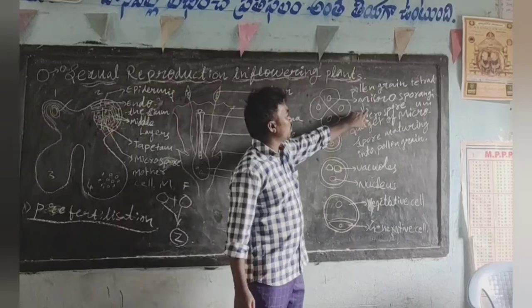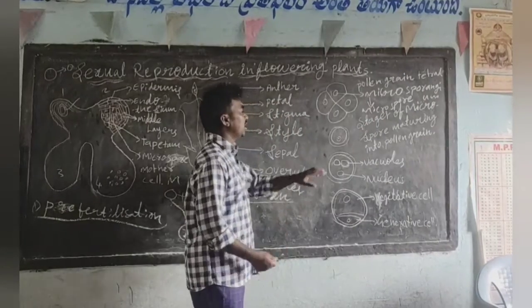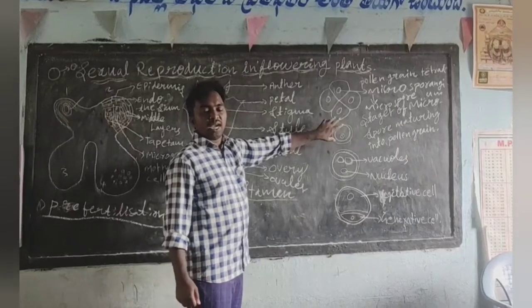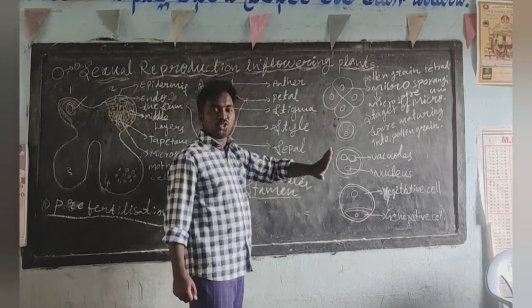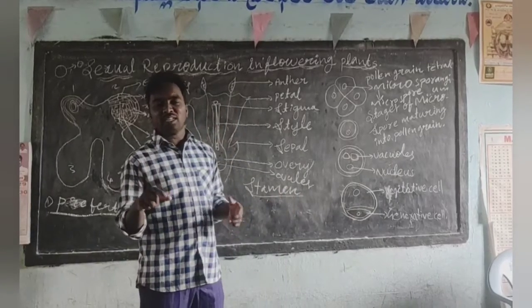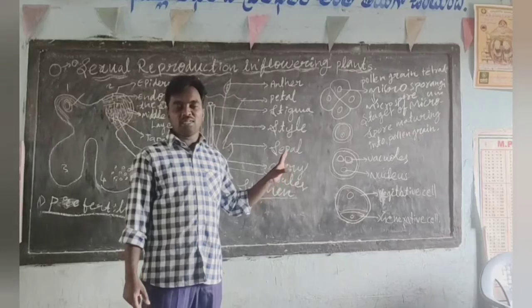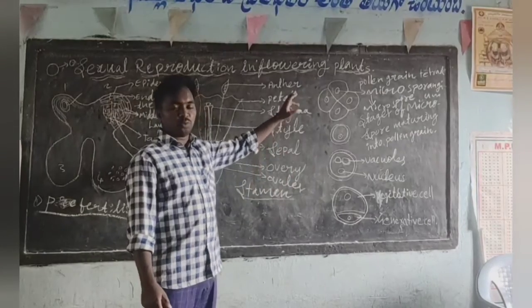So a microspore matures into the pollen grain. This is the structure of a microspore, and this microspore fully matures into the pollen grain. Okay. So a microspore is nothing but a pollen grain. A pollen grain is nothing but a microspore, which is present in the microsporangium.